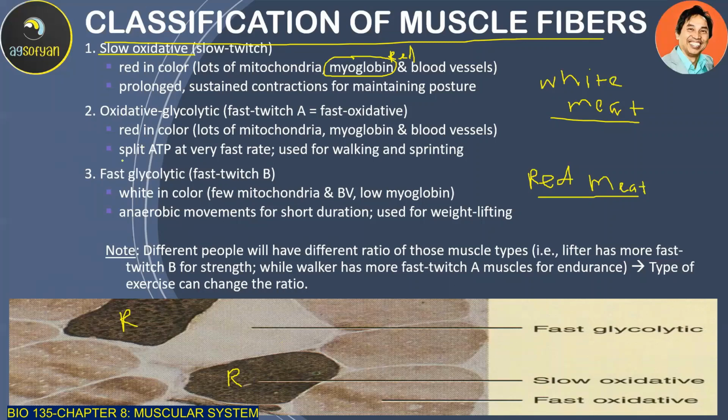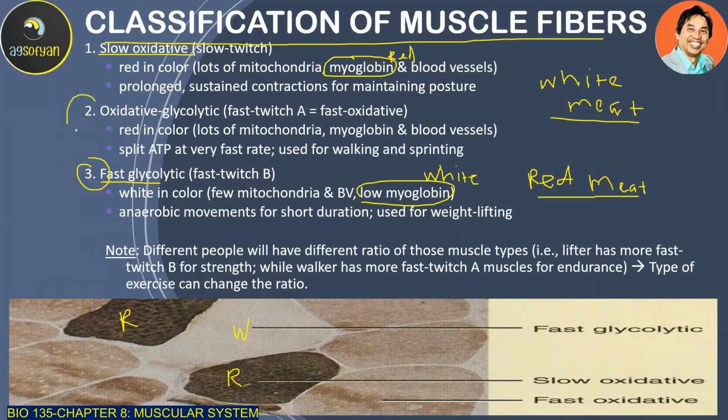Let's go to the white meat, which is fast glycolytic. This is white meat. It has less myoglobin, therefore the color is white. So chicken will have a higher ratio of this type of meat, fast glycolytic.